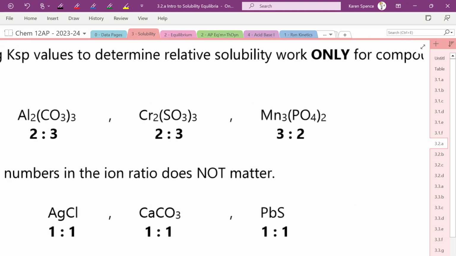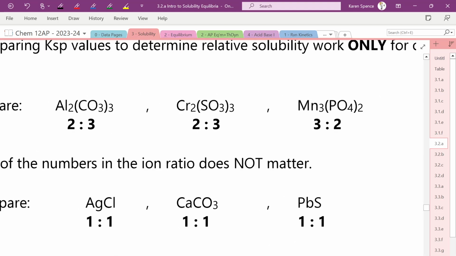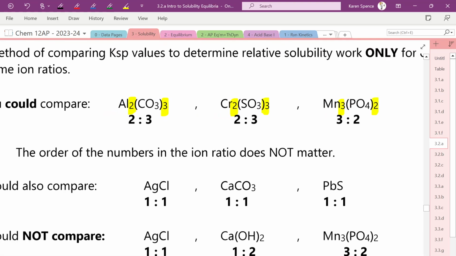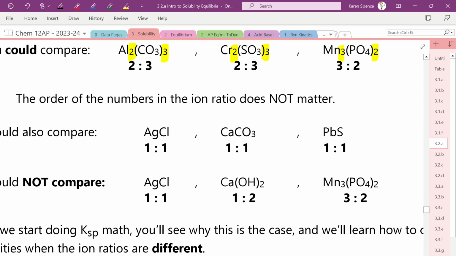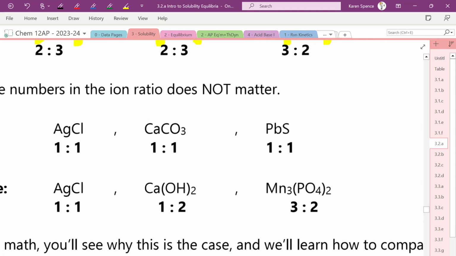This method of comparing KSP values only works for compounds with the same ion ratio. So you could compare compounds that have a 2-to-3 or 3-to-2 ratio. You could compare all of those to each other based on their KSP. You could also compare 1-to-1 and 1-to-1.